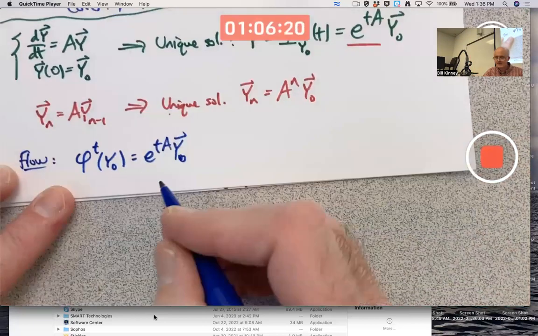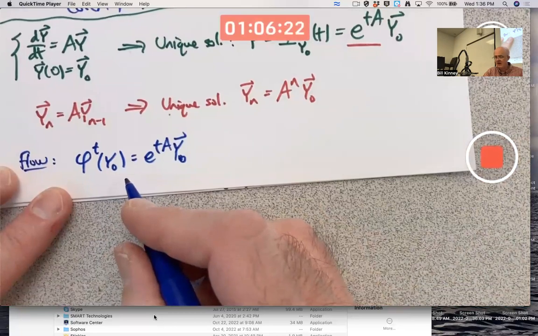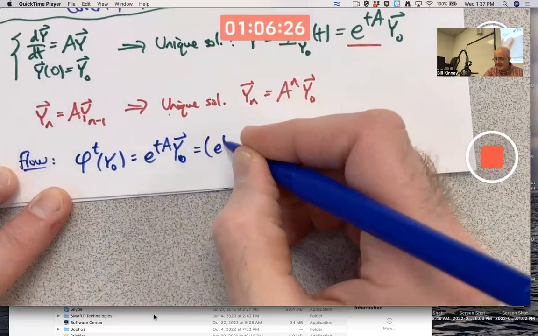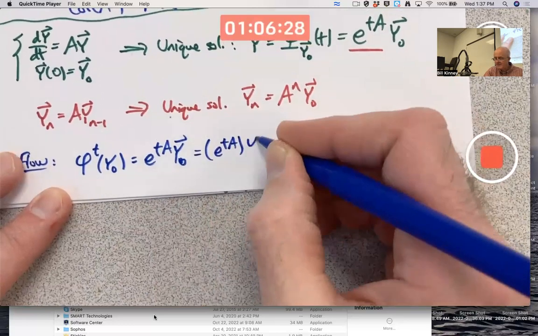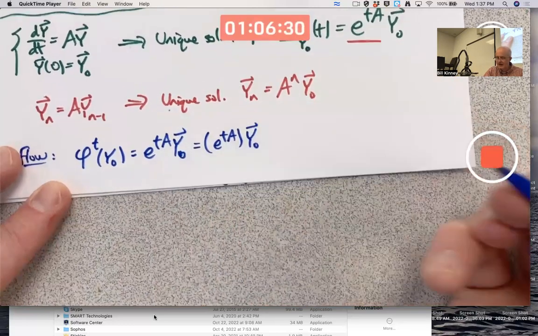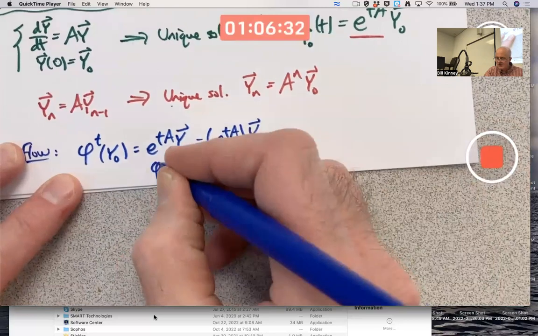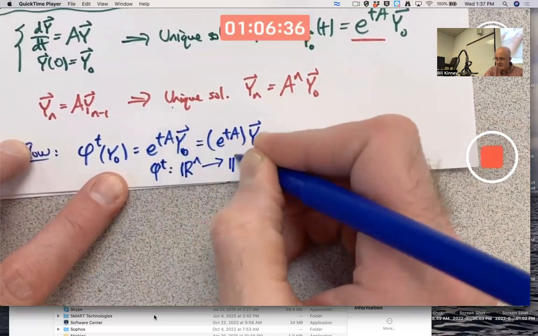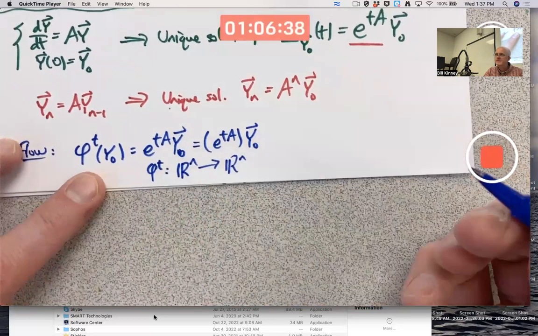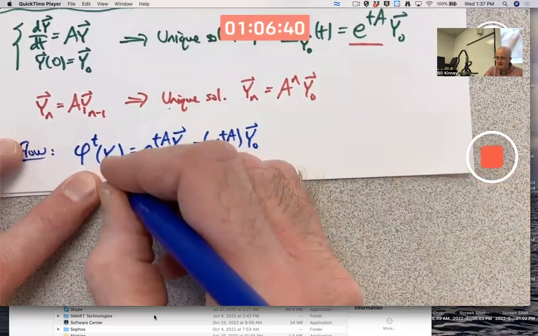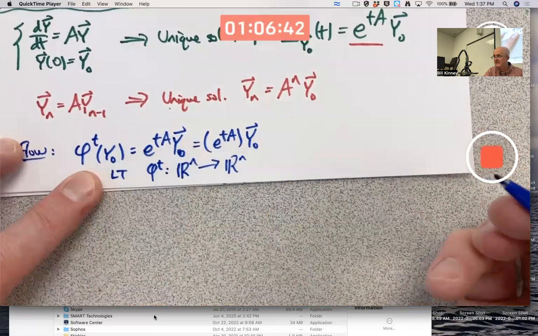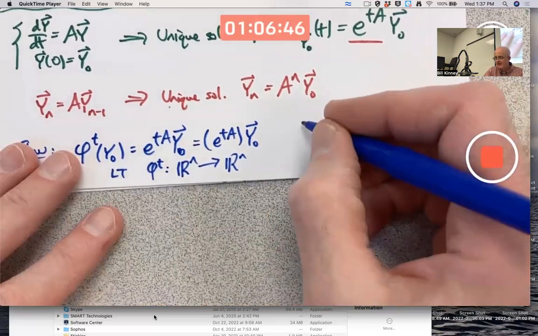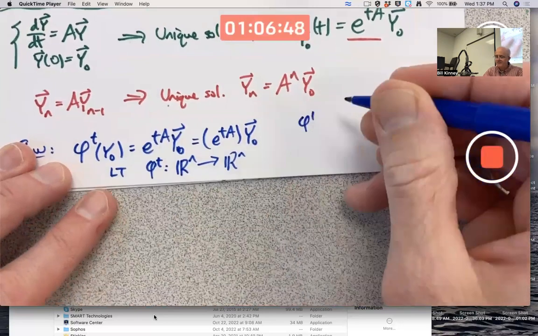Here, if you think of t as fixed and y0 as the variable, you get what's really a linear transformation. The matrix e to the tA times the vector y0, that's a linear transformation. Phi superscript t is a linear transformation from Rn to Rn in general. It's a linear transformation when t is fixed. What's simplest is to let t equal 1, the time 1 map.